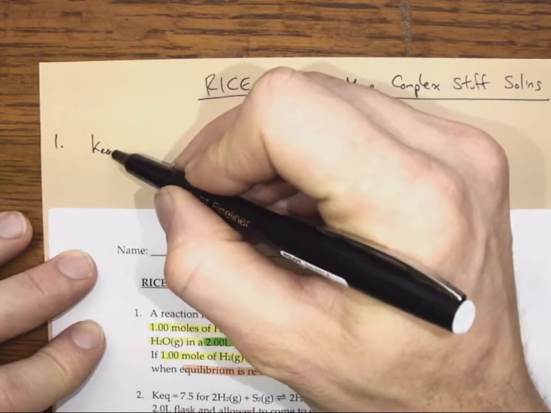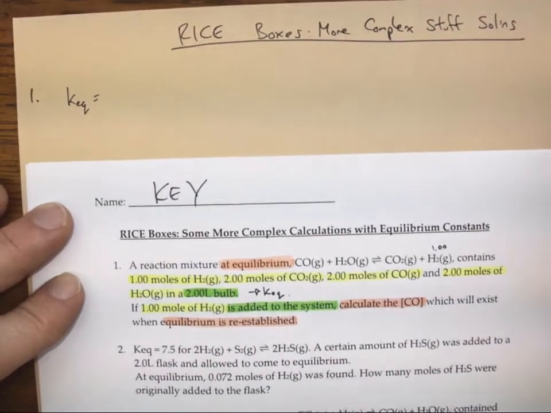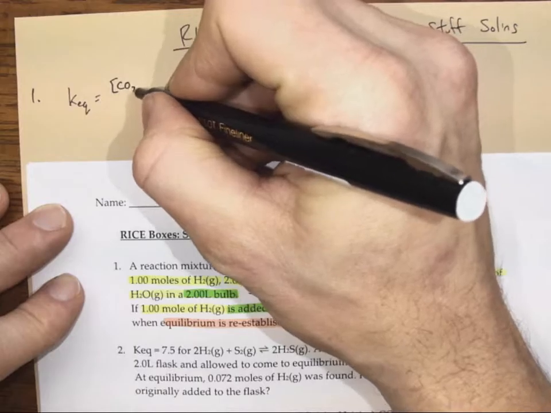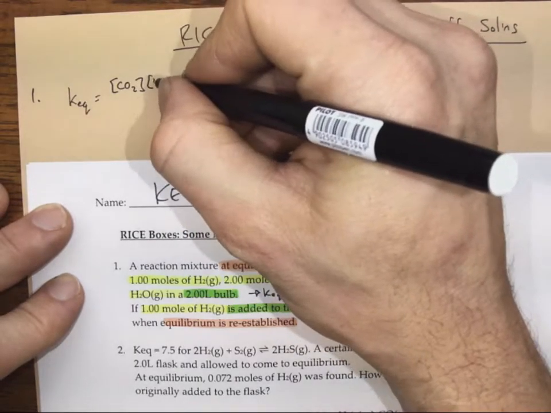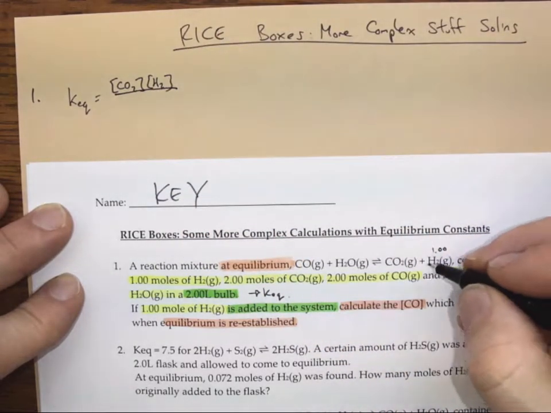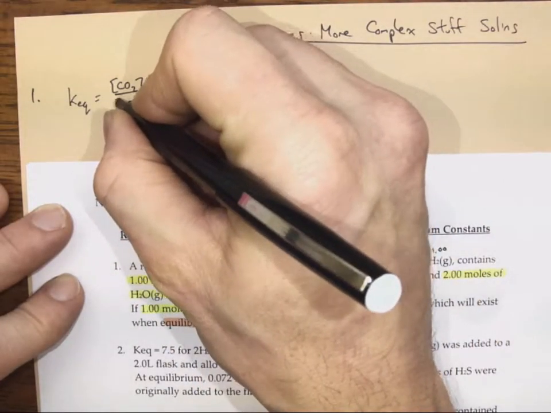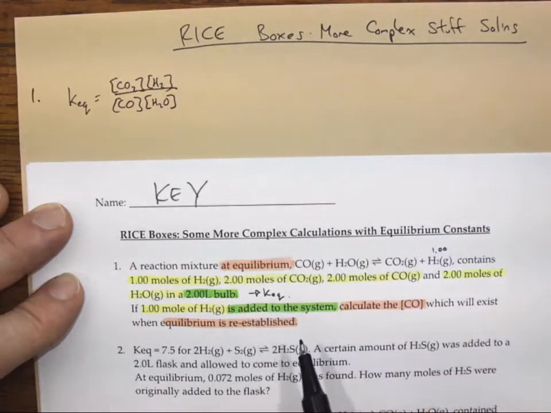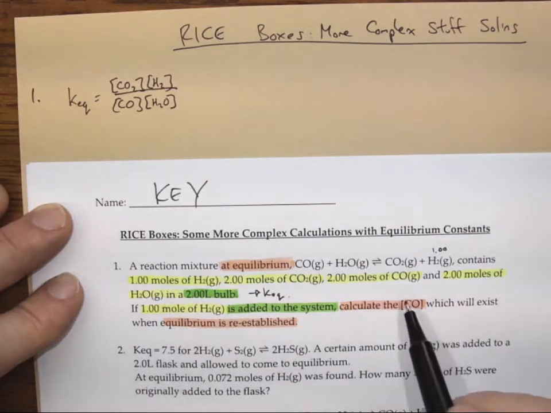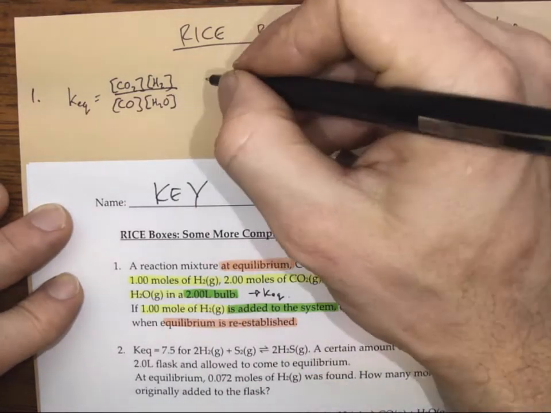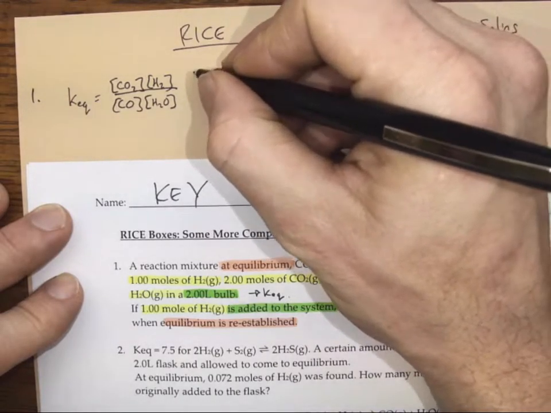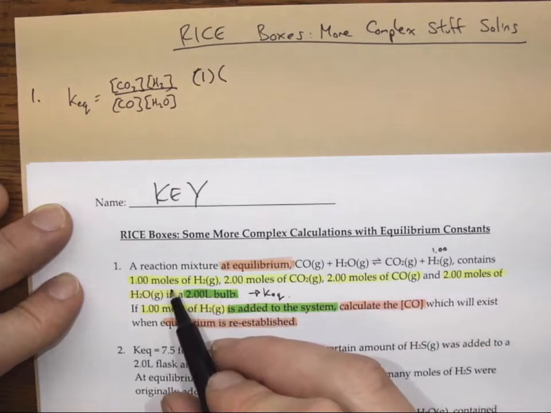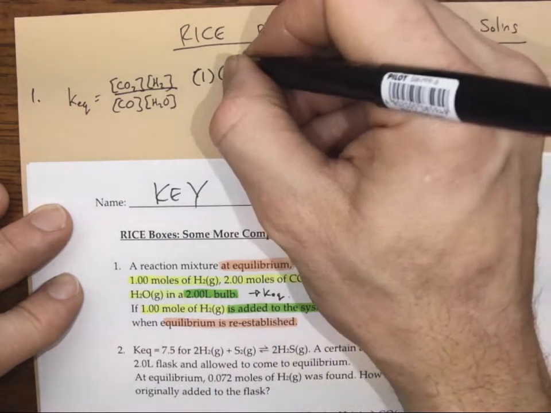The equilibrium constant, KEQ, will be the concentration of our products over our reactants. The coefficients on each of these are 1, so we don't have to worry too much about powers. Concentration of carbon dioxide, 2 moles for 2 liters, so that's 1 mole per liter. Hydrogen is 1 mole for every 2 liters.